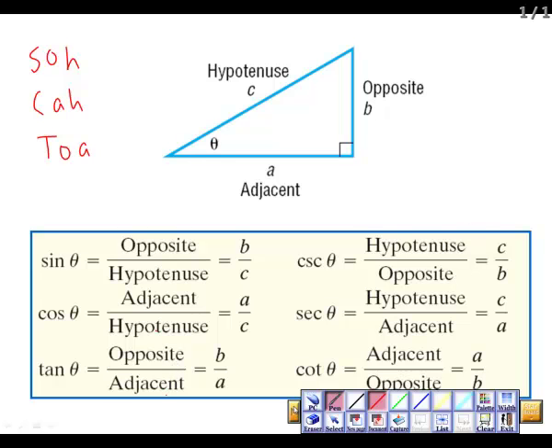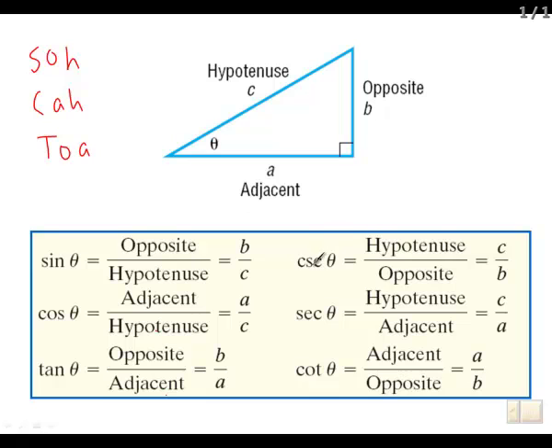And therefore its reciprocal trigonometric functions: since sine is opposite over hypotenuse, cosecant is going to be hypotenuse over the opposite side. Cosine is adjacent over hypotenuse, so secant, its reciprocal, is going to be hypotenuse over adjacent. And cotangent, the reciprocal function for tangent, is going to be adjacent over opposite.